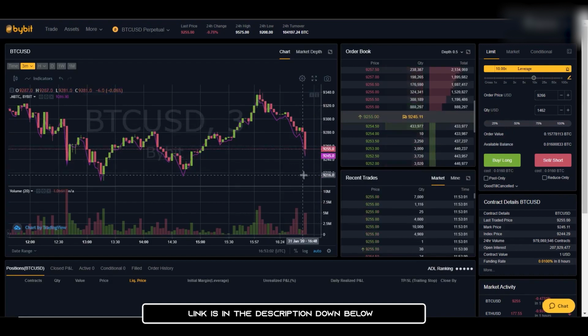So when Bitcoin does fall, and I'm hoping it will come back up and not continue to fall, I can put in a long order at $9,220, hoping that it will just bounce from there and I can be filled and be making profits.